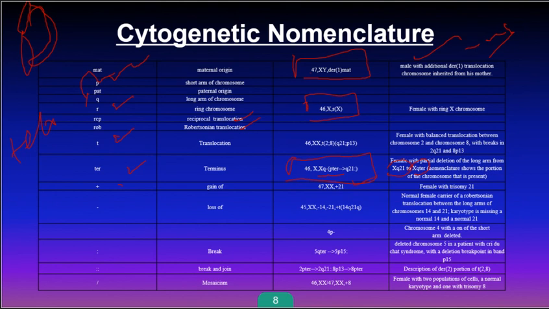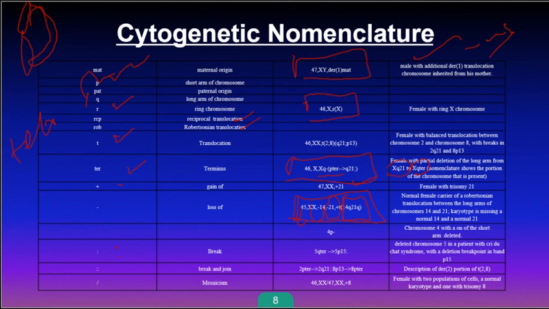Minus means loss: 45,XX,-14,-21. 45 means a chromosome is missing, and XX means female. Minus 14 and minus 21 means chromosome number 14 and chromosome number 21 are affected here. The karyotype is missing a normal 14 and a normal 21, and the arms affected are the q arms.